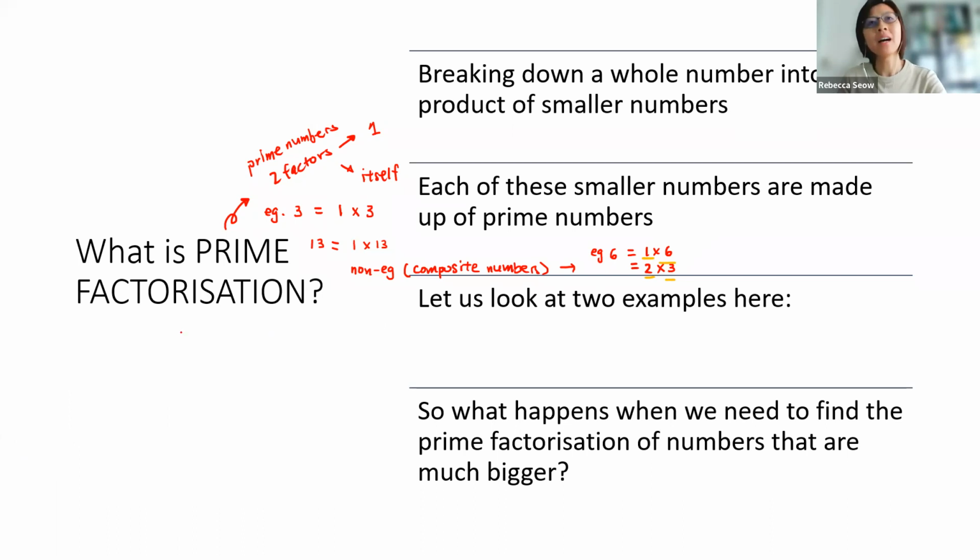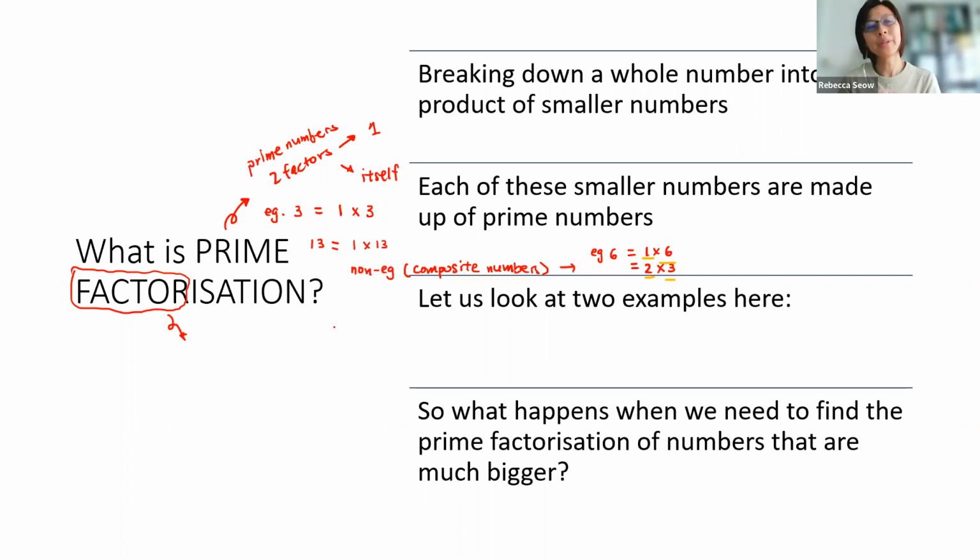All right. Now, how about the word factorization? Factorization is a really big word, but if you were to look at the root word, it comes from the word factor. Okay. So in primary 4, you will have learned the word factor. Factor basically refers to a number that is multiplied by another to give a bigger value.